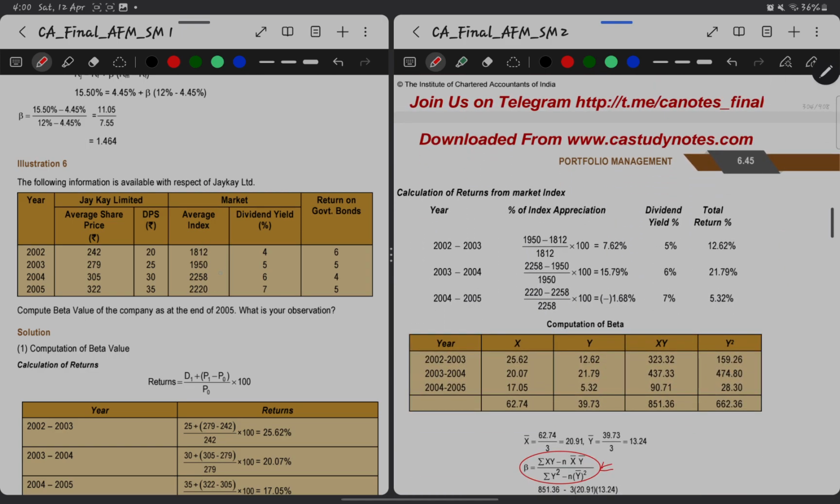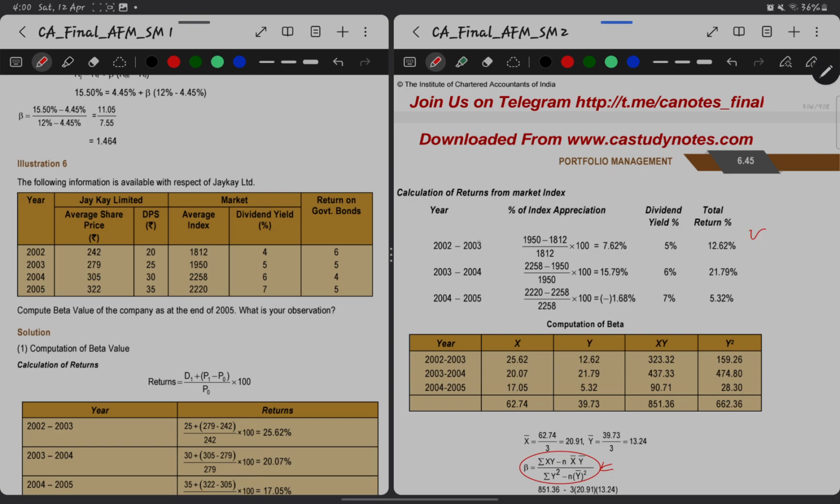In the same way, the market index has also increased, so there is a capital appreciation there. DPS has not been given as the market consists of many stocks, so the market dividend yield is given. So we have to find out the capital appreciation percentage, and then if we add it with the dividend yield, we'll get the return of the market for the respective year.